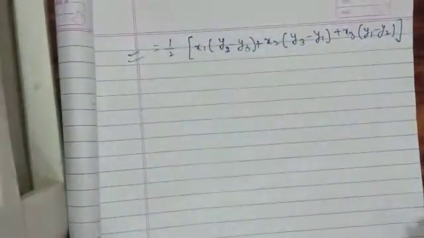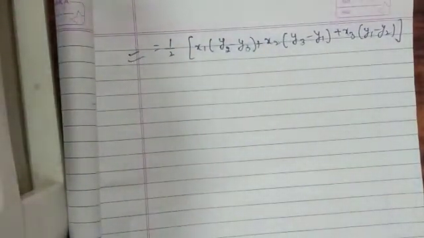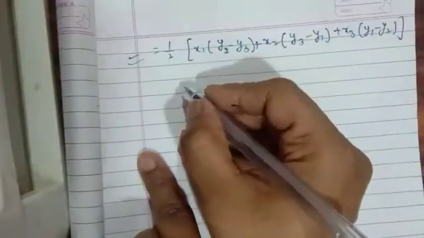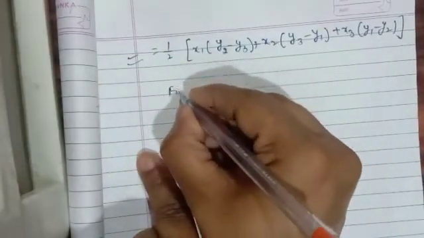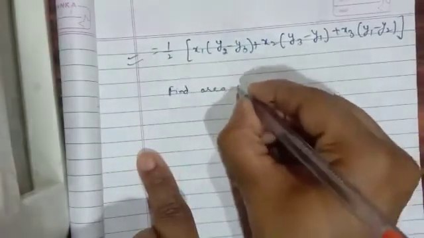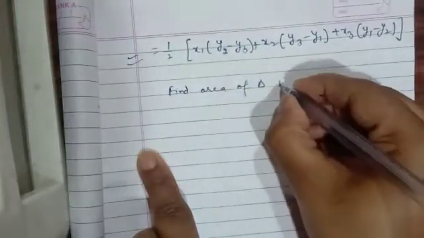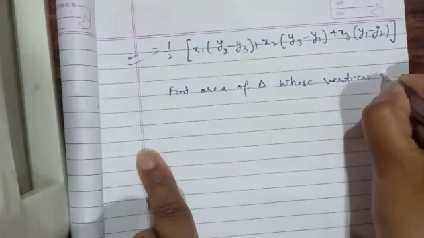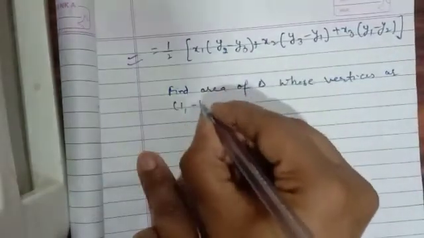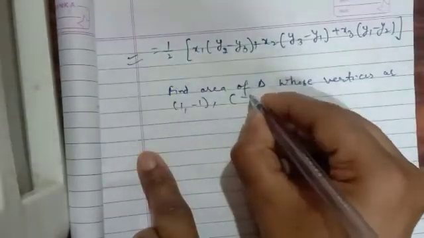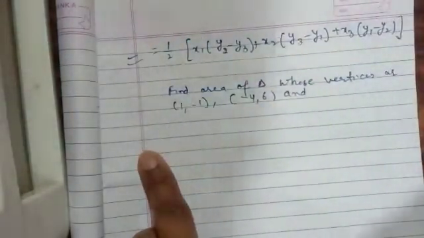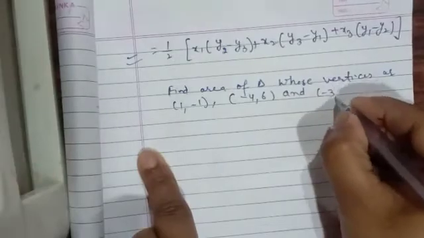Let us apply this formula on one of the questions, so that the rest of the questions you may do by yourself. You have to find the area of the triangle whose vertices are 1, minus 1; the second vertex is minus 4, 6; and the third one is minus 3, minus 5.